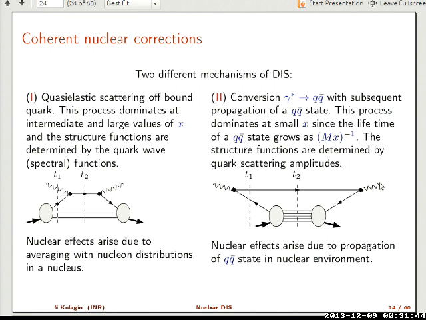If you look at the smaller x part, then, as I mentioned, the time which is involved in the process rises if x decreases.